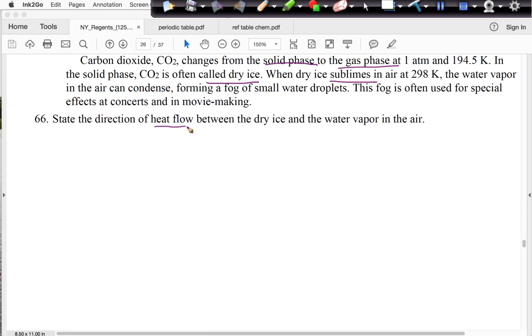So they want to know the heat flow between the dry ice and the water vapor in the air. The dry ice is at 194.5 K, and the water vapor is at 298 Kelvin.